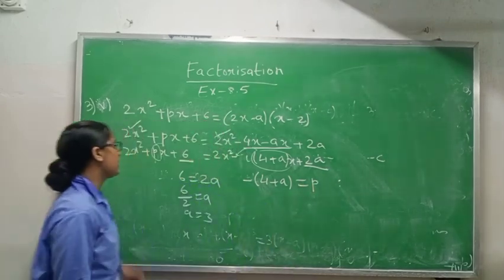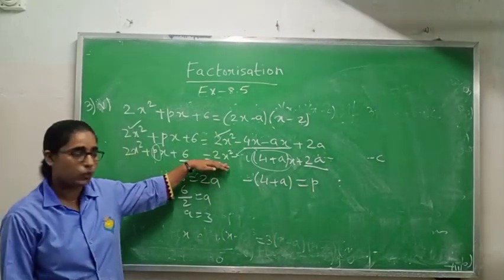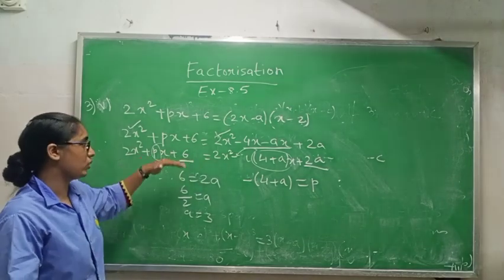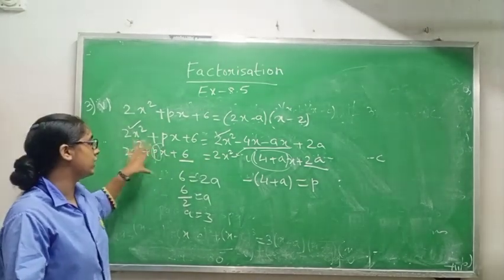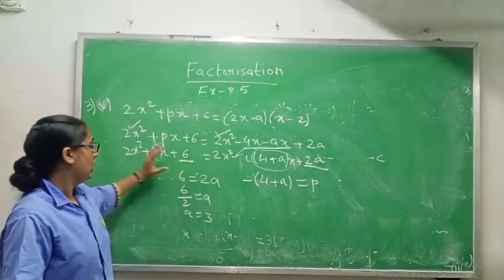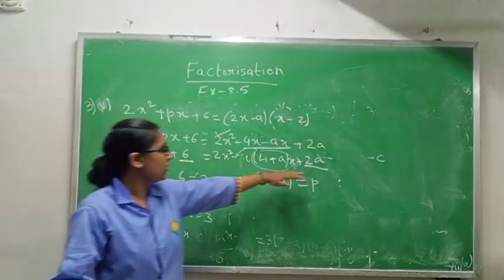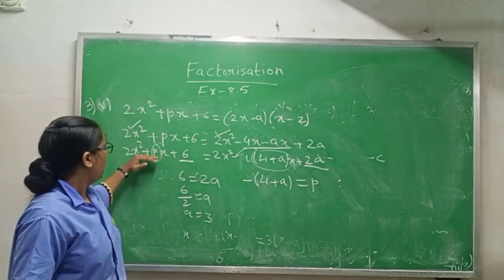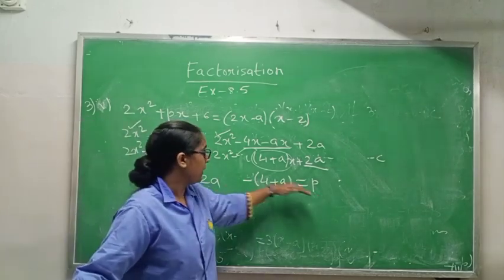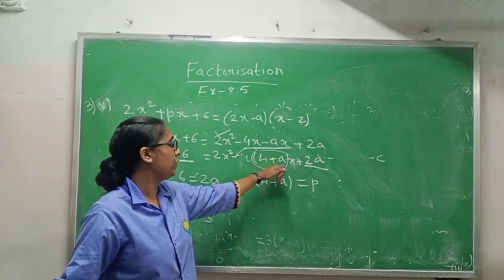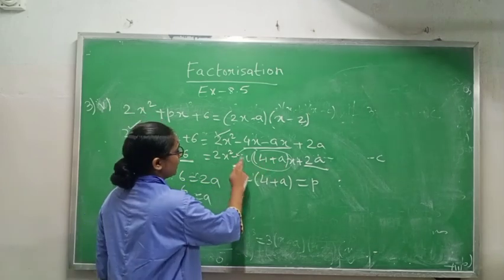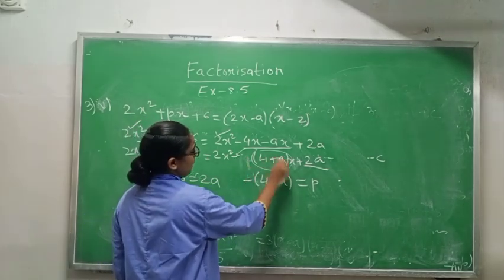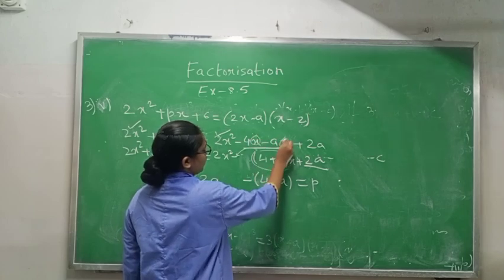Again I am repeating: see, the first term 2x square is equal, so of course the second term is also equal, and the third term is also equal because LHS equals RHS. Now I am taking this 6 with this 2a to find the value of a. I am getting 3. Now for p, we have minus 4 plus a, taking this x common.